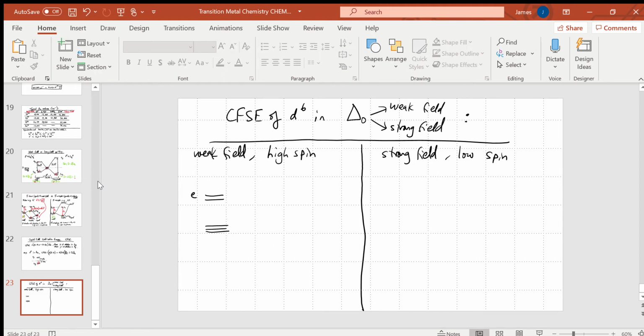We've got our EG set, our T2G set. Make this a bit bigger, our EG and our T2G.